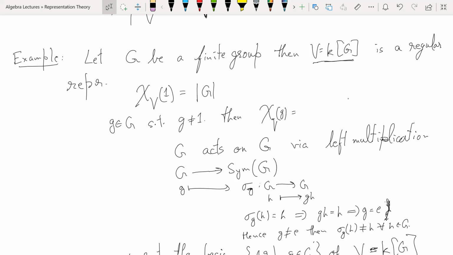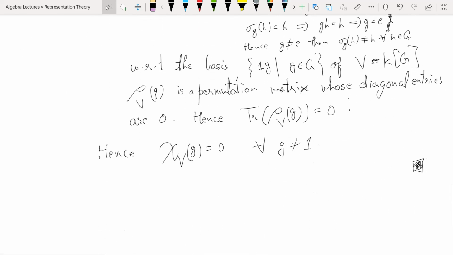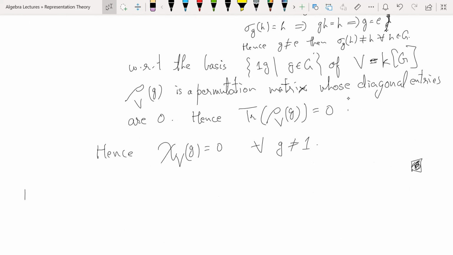If you can compute the set of all fixed points, then it is straightforward to compute the character. So maybe I can write down the statement more generally, and the proof is the same.